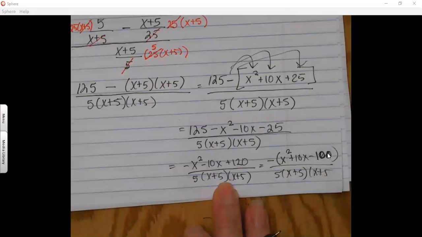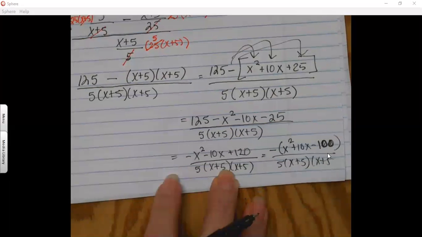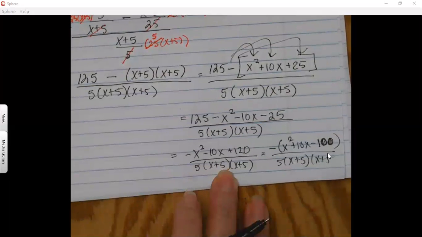Now, that numerator, that's a quadratic. So if I set up the t-chart and divided slide, I would need two numbers that multiply together to give me negative 100 and add to give me 10. So if I did negative 10 times 10, that's negative 100. Negative 10 plus 10 is 0. That won't work. If I did like 25 times negative 4, I get negative 100, but 25 minus 4 is 21. That won't work. Any combination of 50 and 2 is not going to work. 20 and 5, that's not going to work.